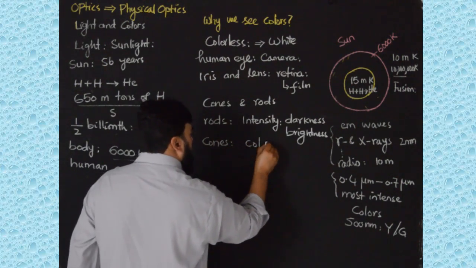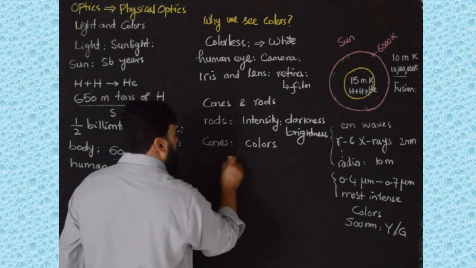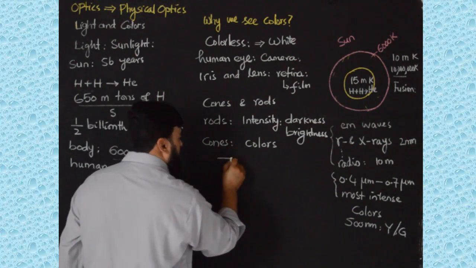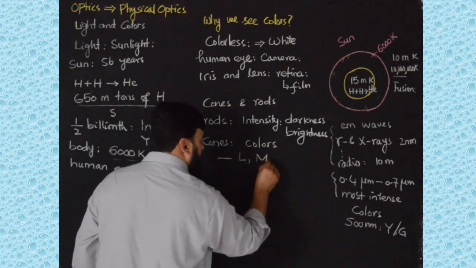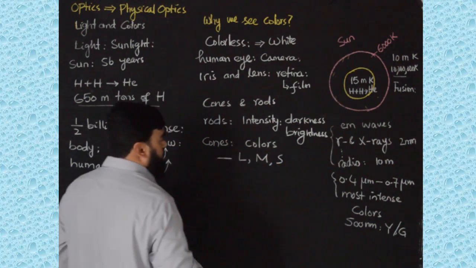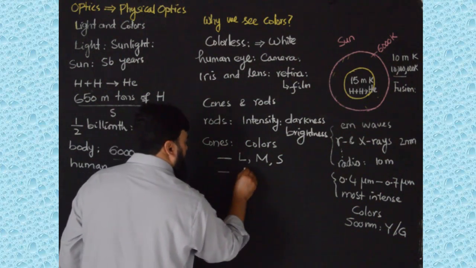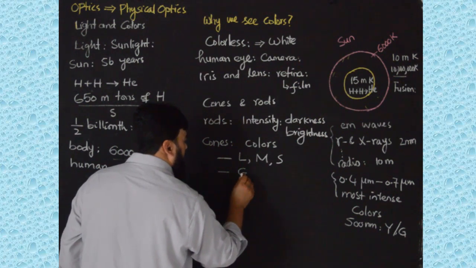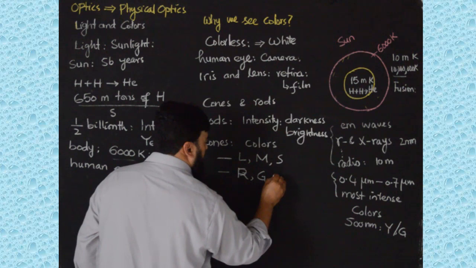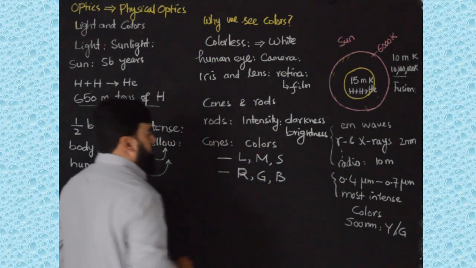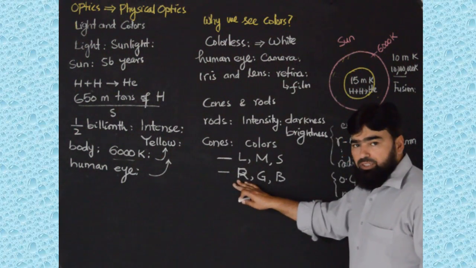sensing the colors. There are three cones there, which we call the L, M and S cones, and they sense red, green and blue color, which are the fundamental colors.